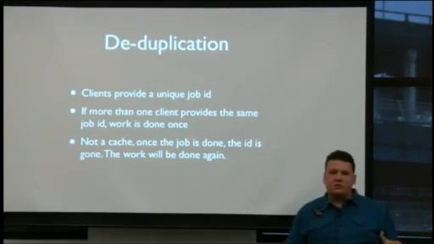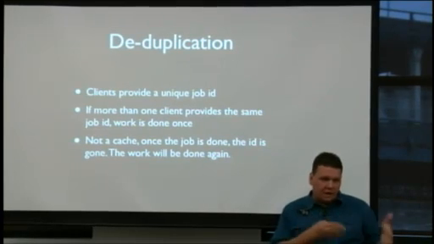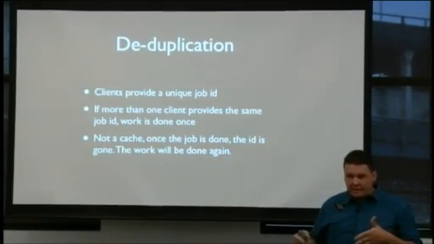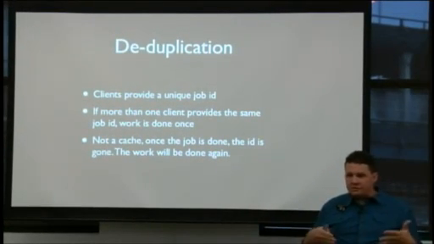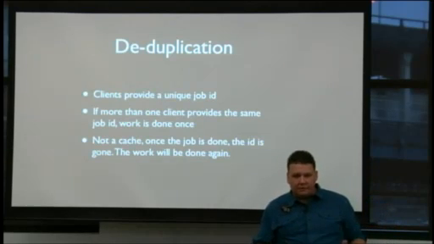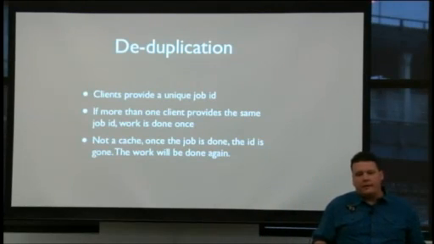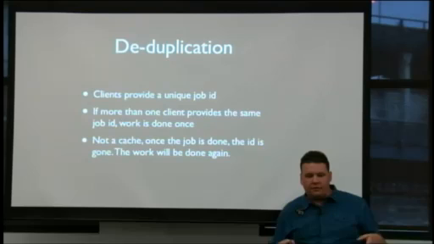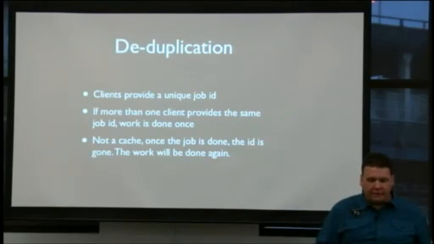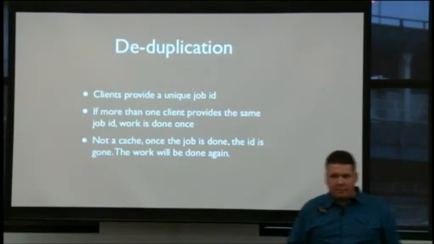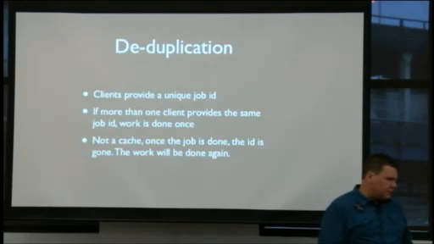Some libraries use the payload and the job name to generate an ID if you don't provide one. Other ones don't do that, so that's something you have to watch out for. If your client library provides you a way to assign a unique ID, you probably want to.